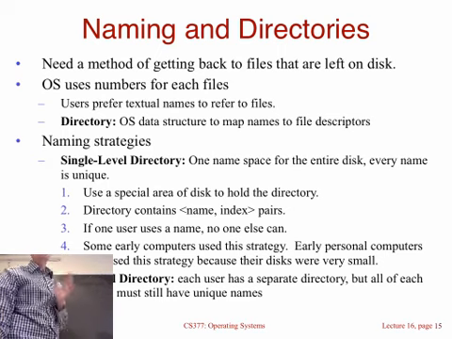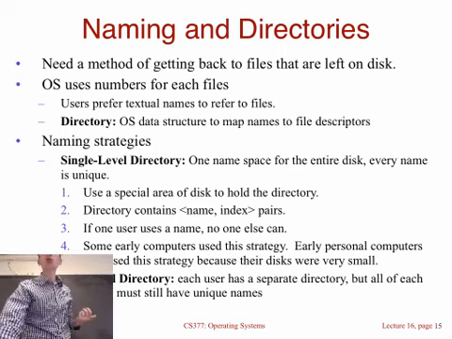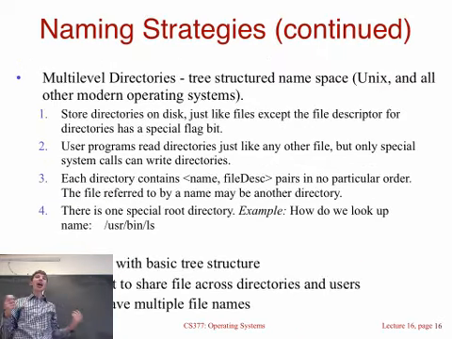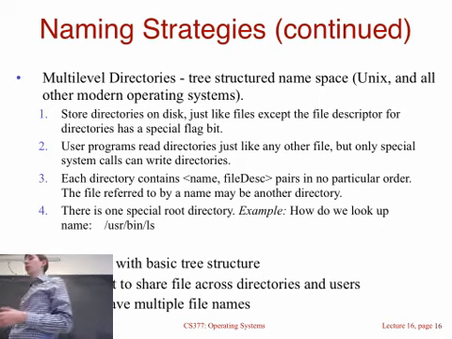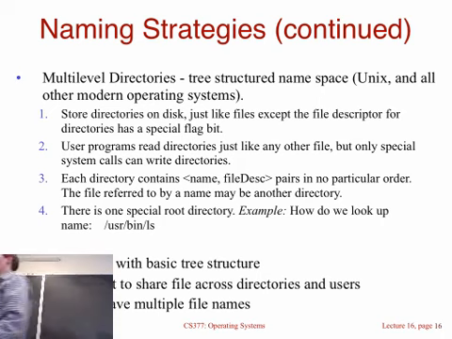But actually, in general, we don't use a two-level directory either. What modern systems use is a multi-level directory where you can have any number of levels. It's essentially a tree structure.